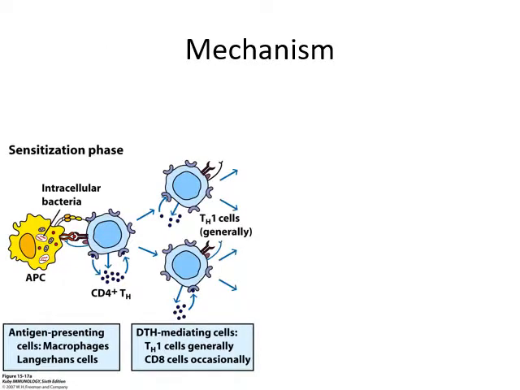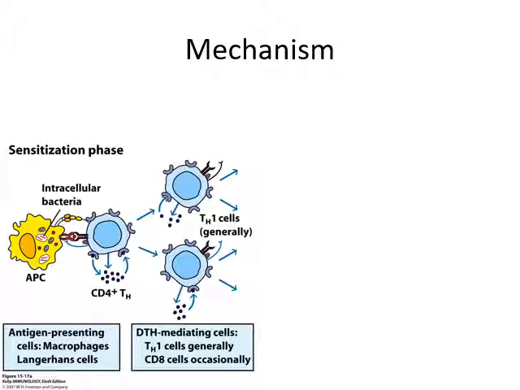Now we'll discuss the mechanism of type 4 hypersensitivity reaction. There are two phases of the event. One is the sensitization phase, in which the pathogen encounters an antigen presenting cell, especially macrophages and Langerhans cells.